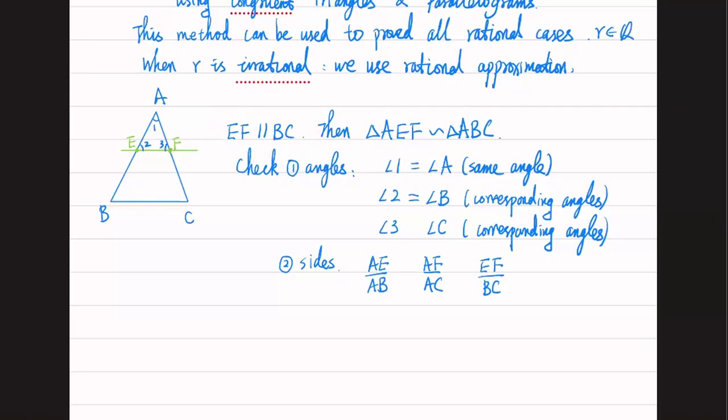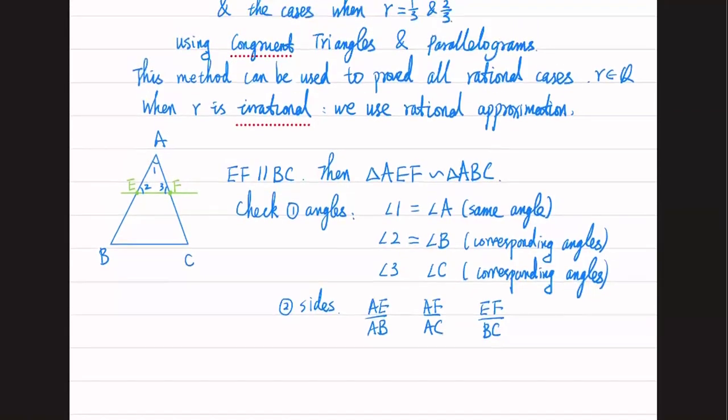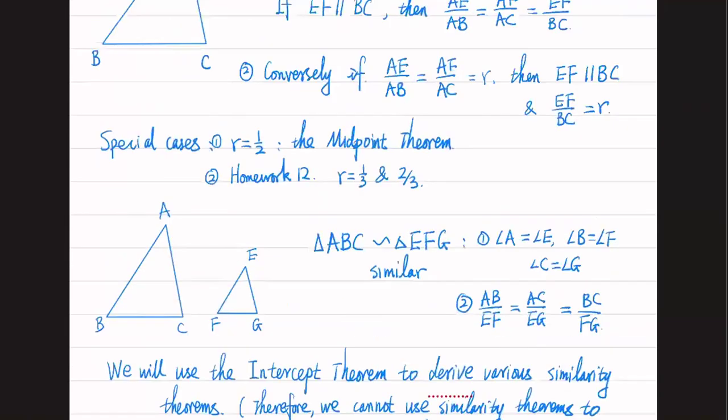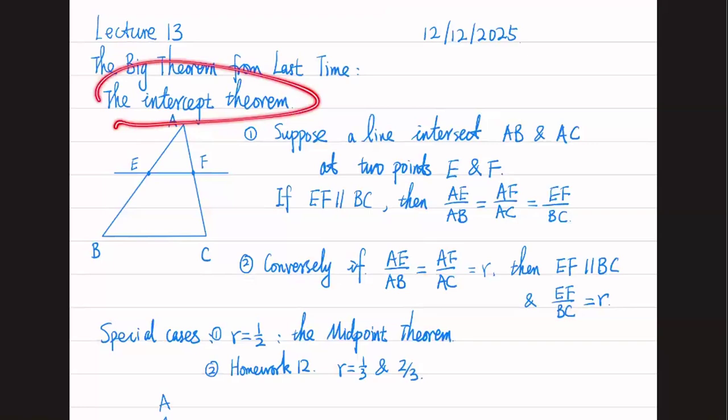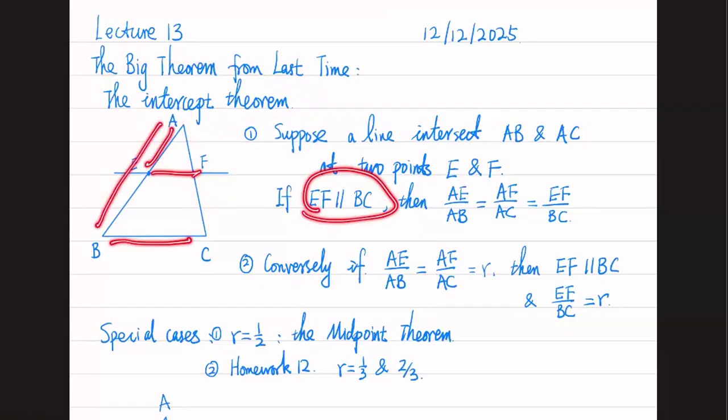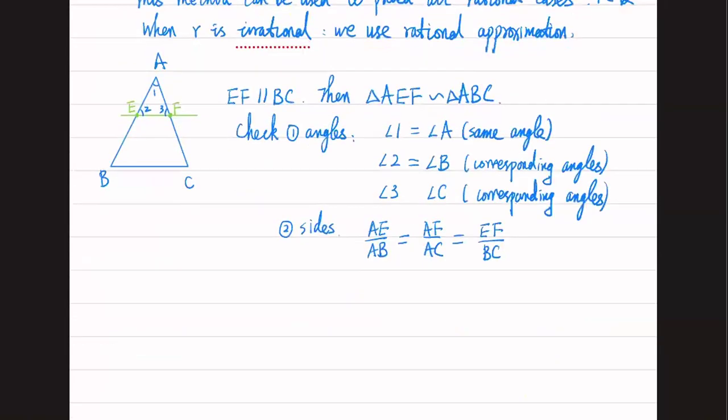Kira, any thoughts? AE, AB, AF, AC, EF, BC. I think the ratio is equal. Okay, so they should be the same. And the reason is our intercept theorem. If the two lines are parallel, the corresponding sides have the same ratio.